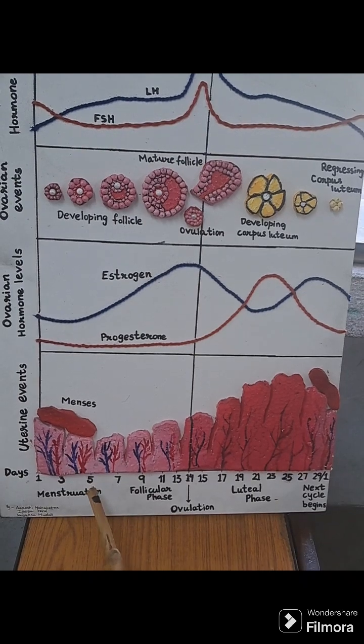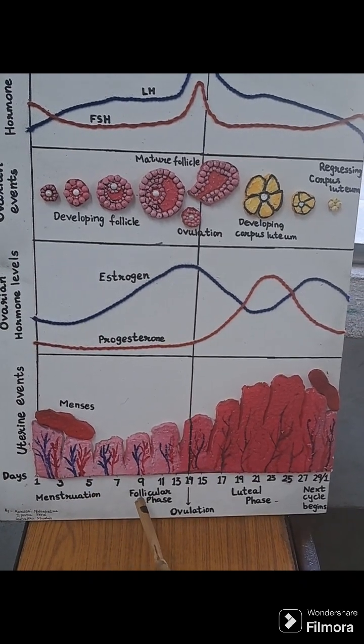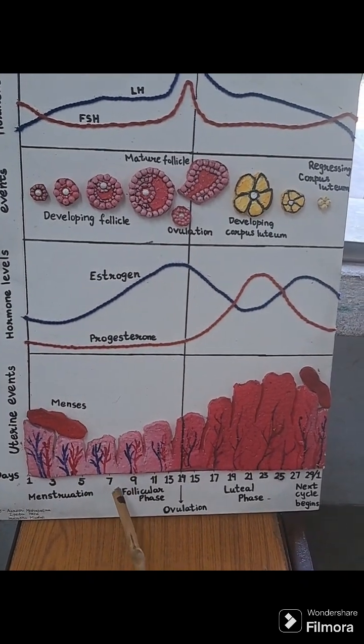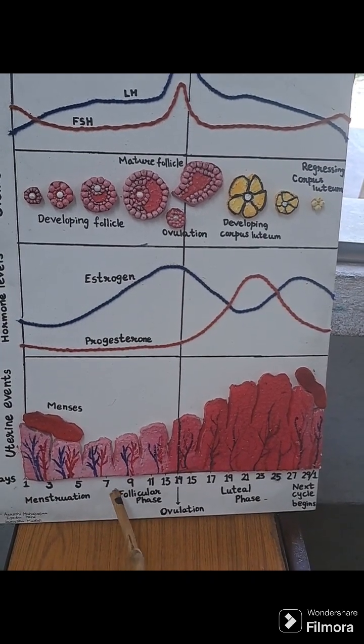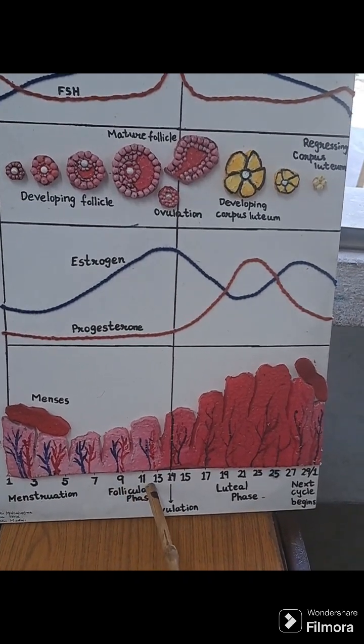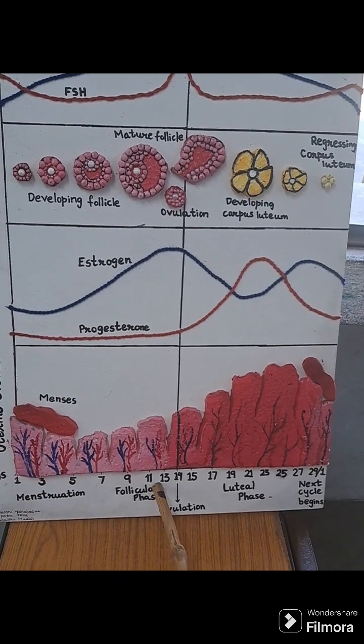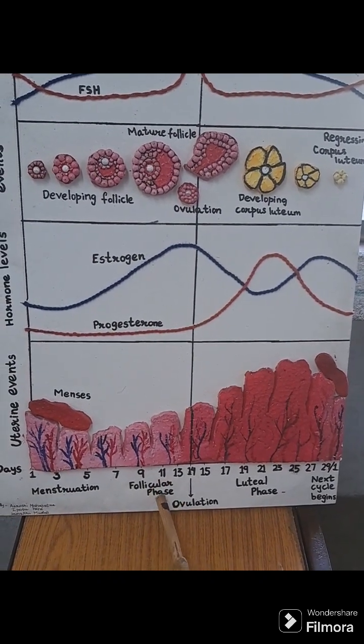Now the next one comes, the follicular phase. This follicular phase lasts for 6 to 13 days. You see the labelings. Now here what is happening, why is it called the follicular phase?